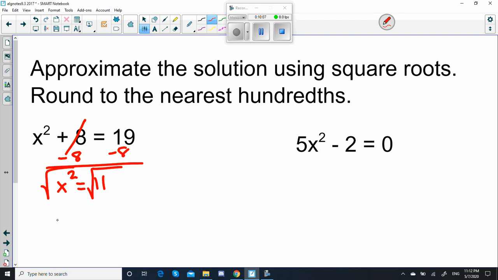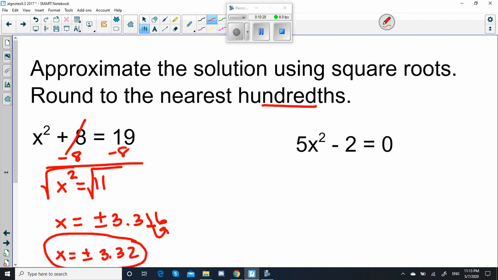So I get x equals plus or minus 3.316. Hundredths is 2 places over, so right here. The 6 decides if it stays 31 or 32. So my final answer, rounded answer, it's actually an approximation, 3.32 plus or minus is my answer.